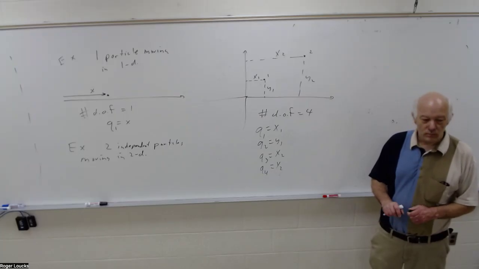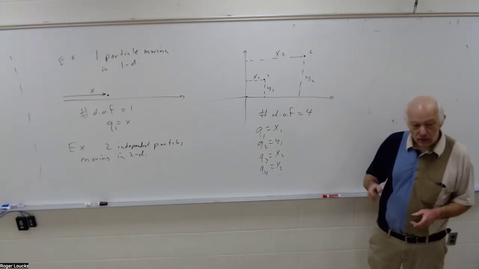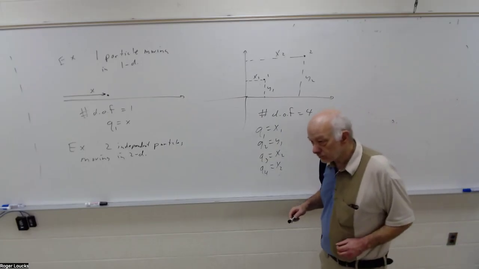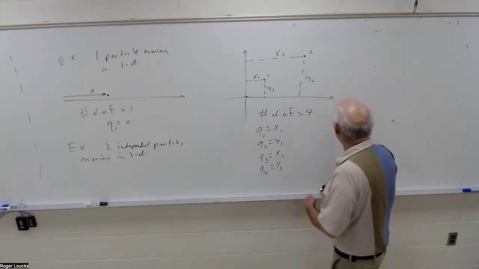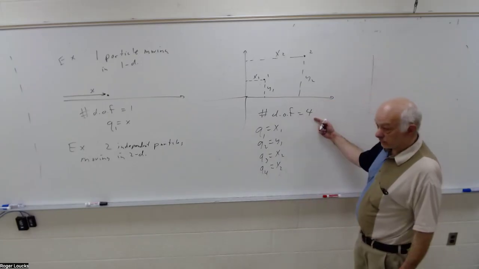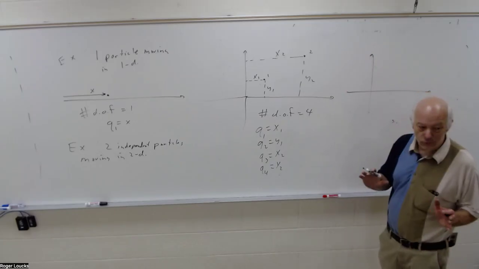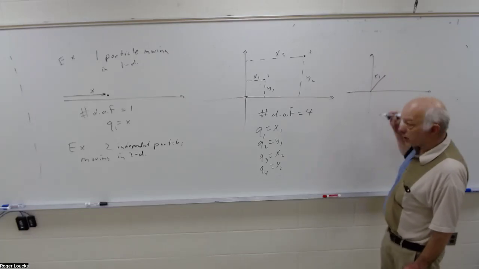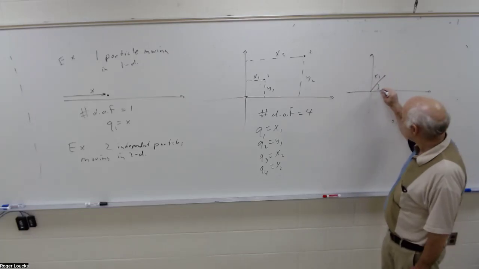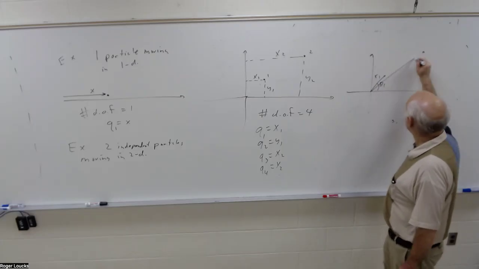Now, my friend looks at this and says, yeah, you're right, there are 4 degrees of freedom, but they're not the q's, if my friend is using polar coordinates. We're all going to agree with the 4, that's not going to change. What my friend has is R1, theta 1, R2, and theta 2.